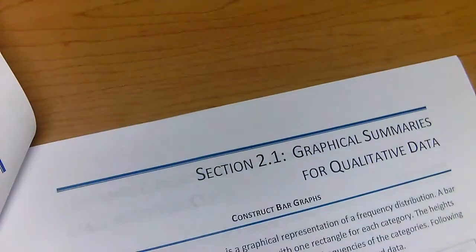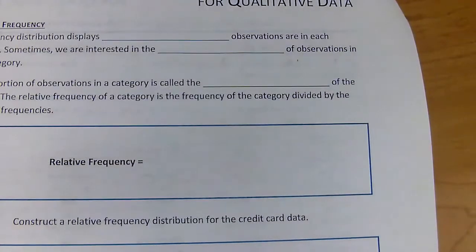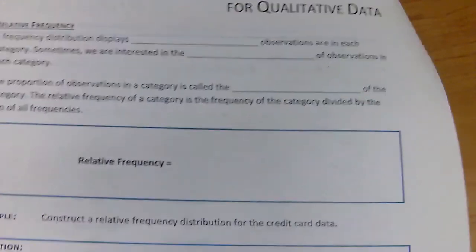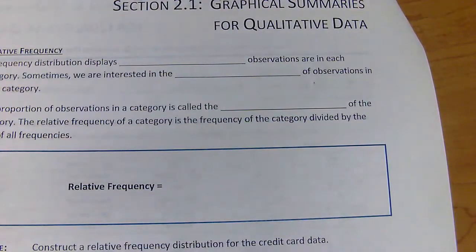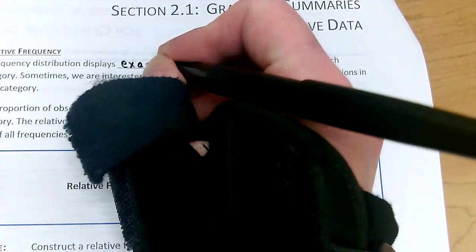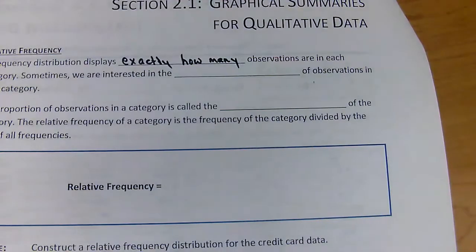Now we can also look at the relative frequency. A frequency distribution displays exactly how many observations are in each category.